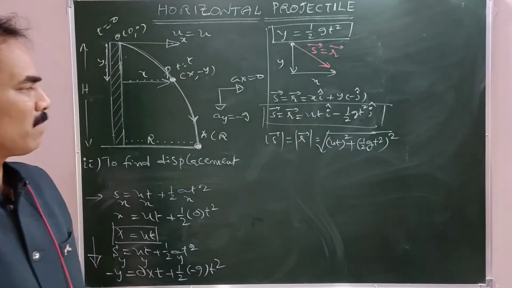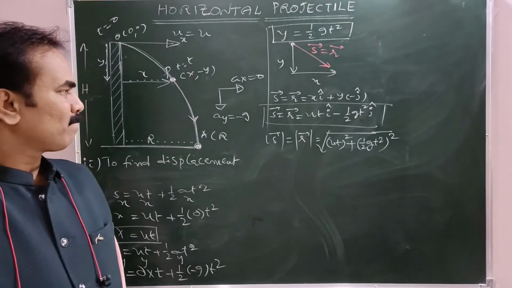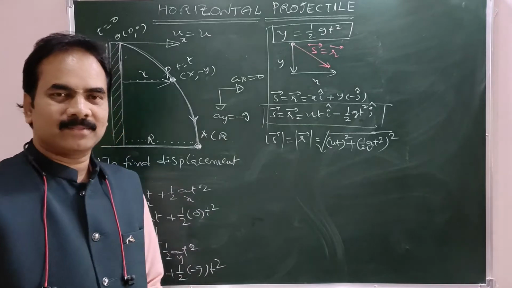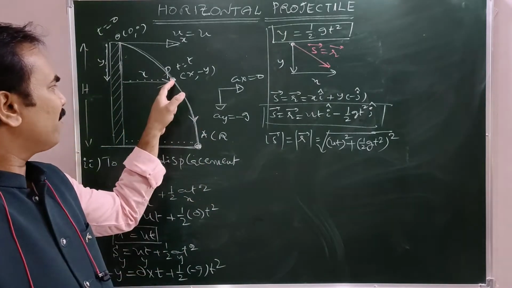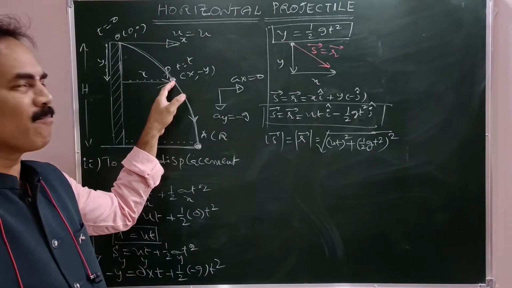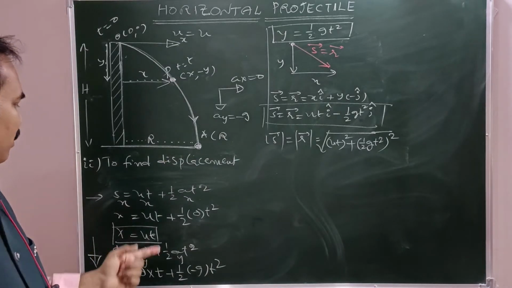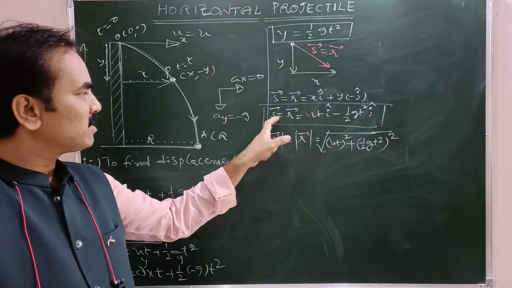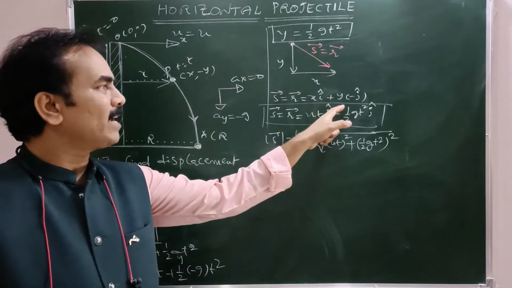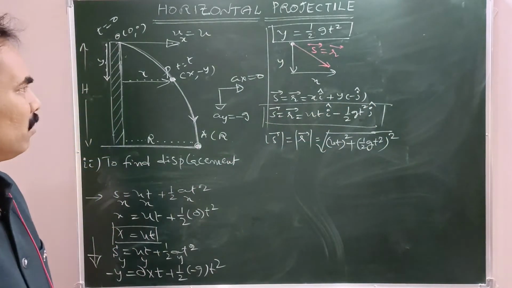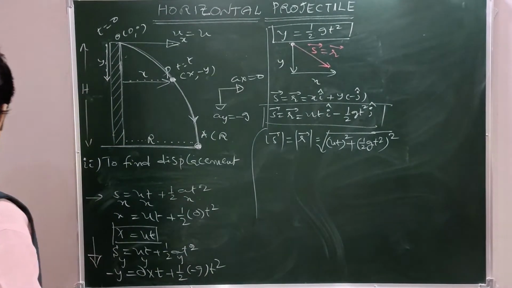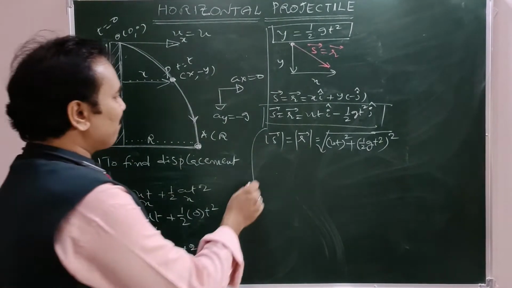So ut whole square plus half gt square whole square. Right? So that's how one can find displacement at any given instant on reaching some point P. We find the x component and y component and express in vector notation, that is xi plus y into minus j.